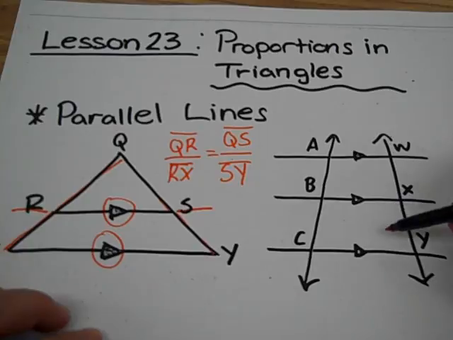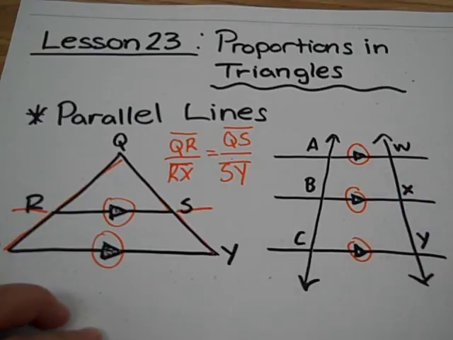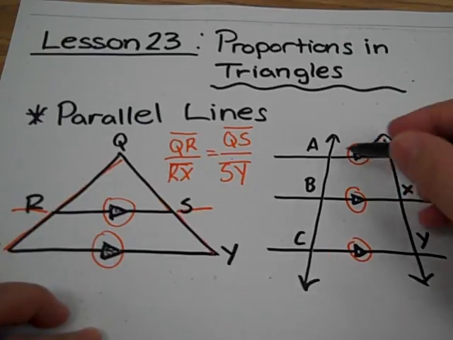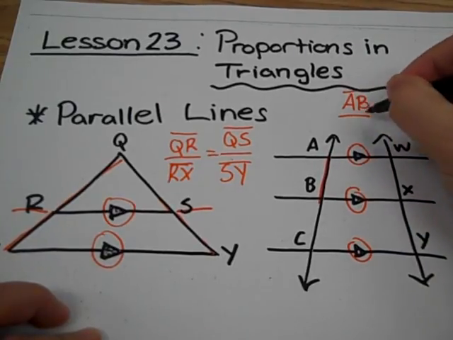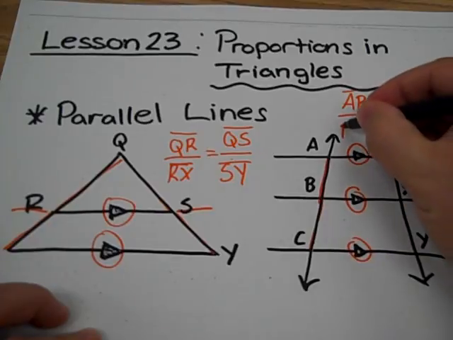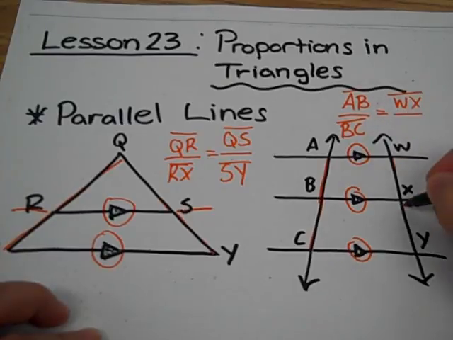This isn't a triangle, but the same relationship exists here if I have several parallel lines. Again, the arrows are telling me that those lines are parallel to each other. And I have all these proportions created. AB over BC, so those lengths will be equal to WX over XY.